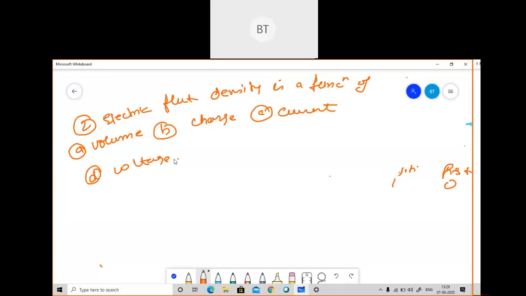Based on the definition of electric flux density, we can give the answer. Please tell me the correct answer. B. Others? Do others have any view?